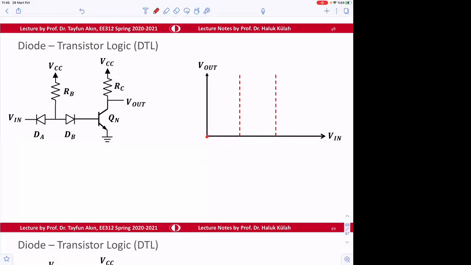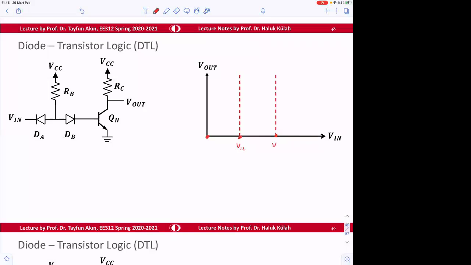Okay. So this is the circuit, diode transistor logic circuit. Here we will obtain voltage transfer characteristics. So what happens if Vin is 0, and where does the change occur the first time, and when does this other case occur? So this is going to be defined as V input low.